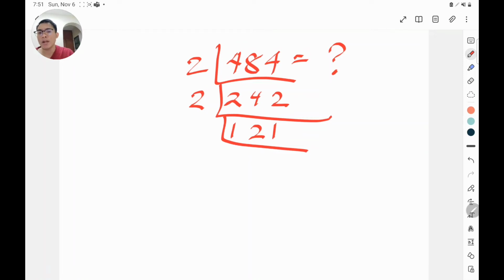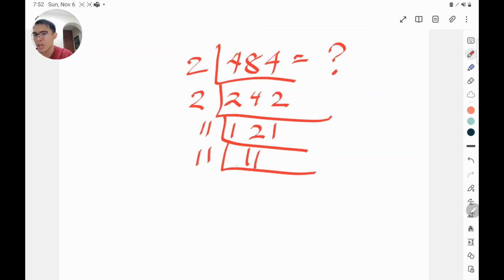Now 121 is not a prime number, it is a composite number, and it has a factor. What is a factor of 121? We can divide it by 11, and 121 divided by 11 is equal to 11. And of course 11 has no other factor because it is a prime number.